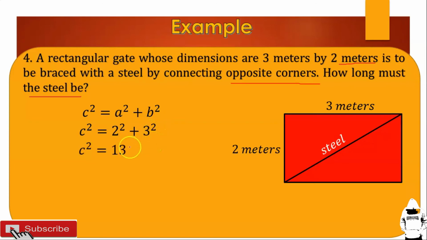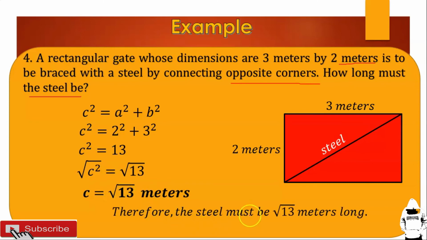And then, simplify. We have C squared is equal to 13. By applying square root property, we have square root of C squared is equal to square root of 13. Square root of C squared, that is C, is equal to square root of 13. Therefore, the steel or the length of the steel must be square root of 13 meters.